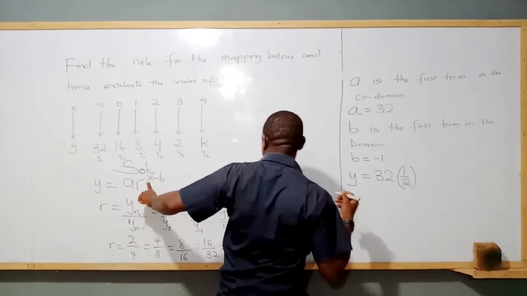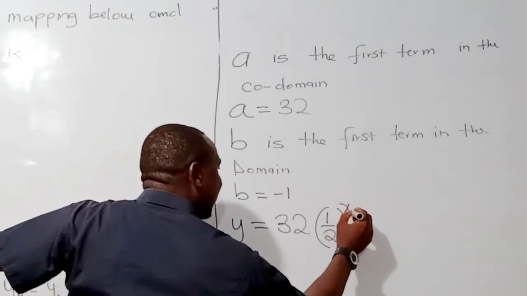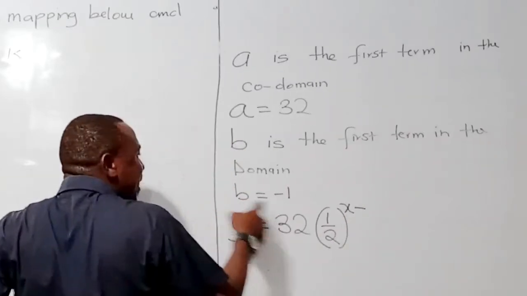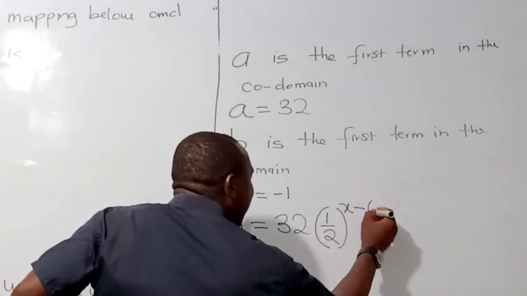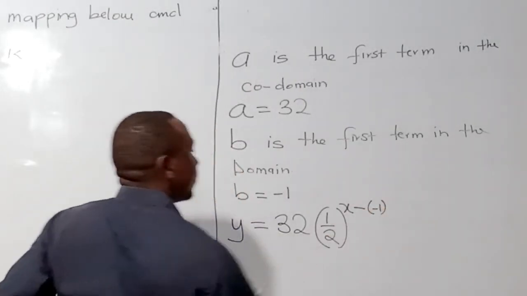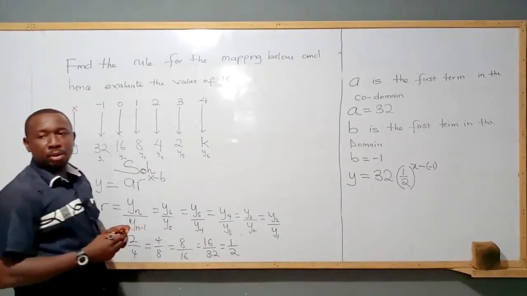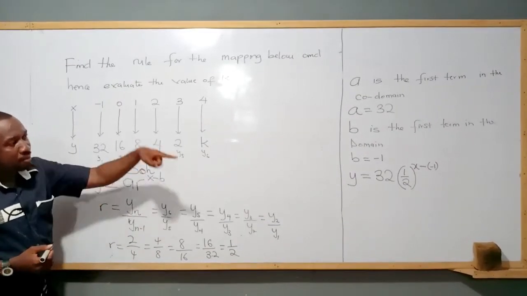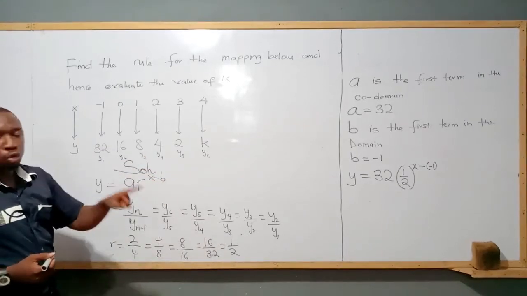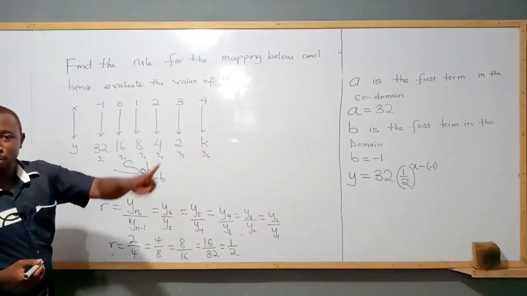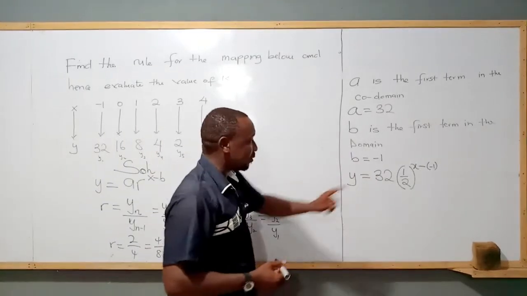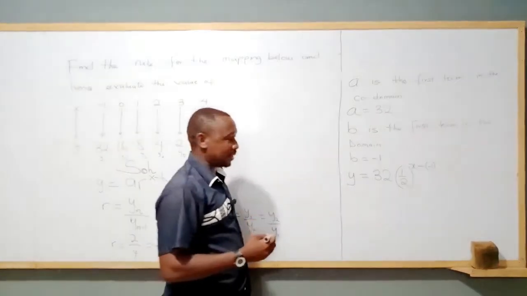X is here, so we repeat the X. Minus is here, but the B is coming with its own negative. Negative is already there, and the B is coming with its own negative. So negative, negative. When negative meets negative, they become what? Positive.